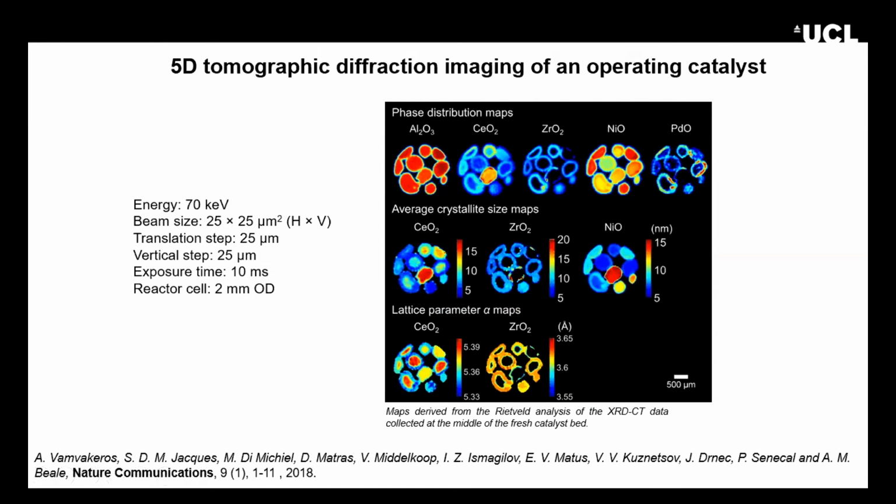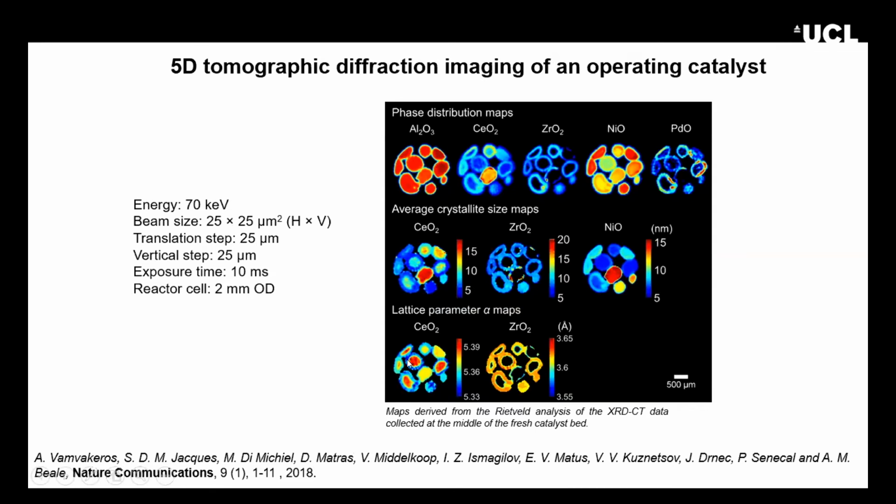One of the things that we can also do, because we've got the diffraction patterns in their entirety, is interrogate those diffraction patterns. When you're looking at diffraction data nowadays, to extract the most of it, you can fit those data sets. So you can identify all of the components present, and you get the phase distribution maps. But you can also interrogate the peak widths to get crystallite size, and the positions of those peaks to determine what's known as lattice parameters.